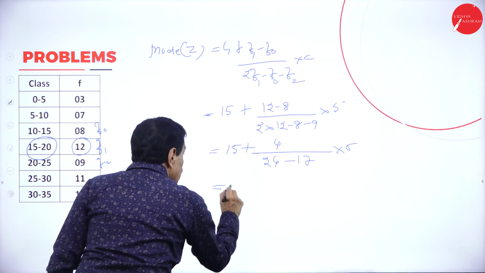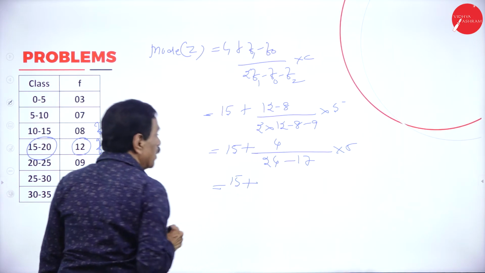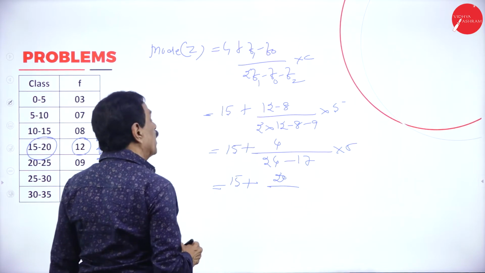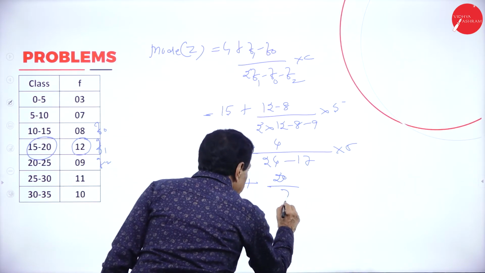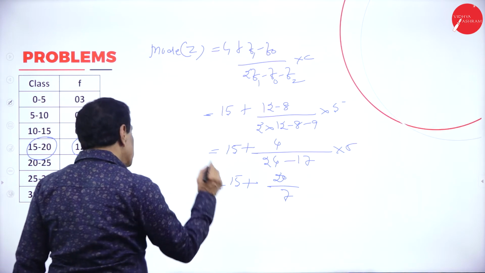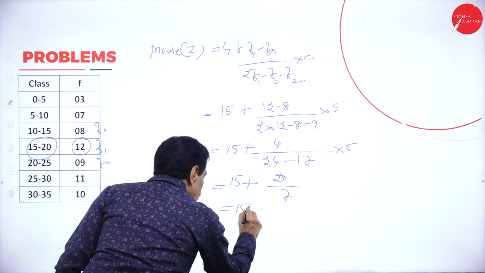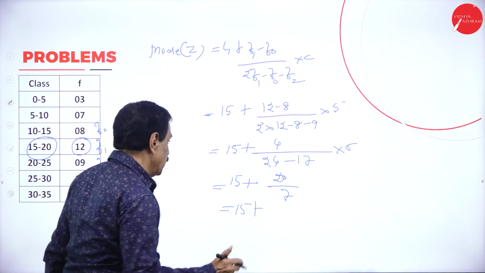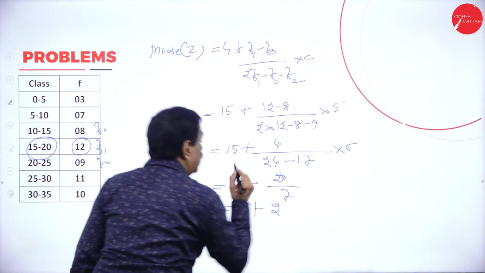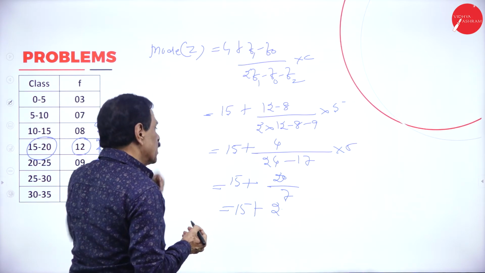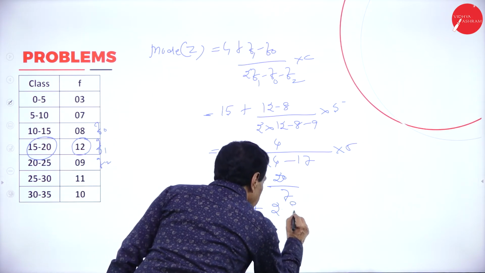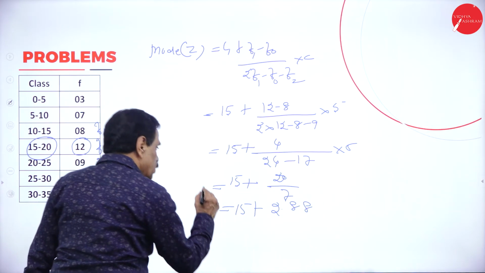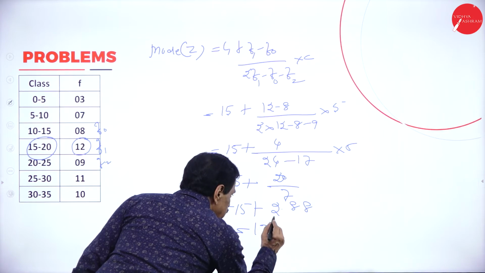Simplify this. 15 plus, 4 fives are 20, 24 minus 17 is 7. 20 divided by 7 comes to 2.88. It comes to 17.88.